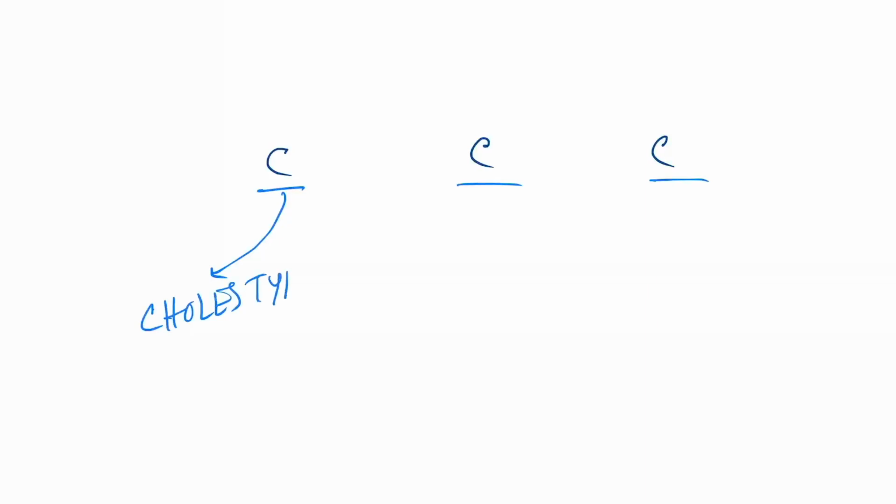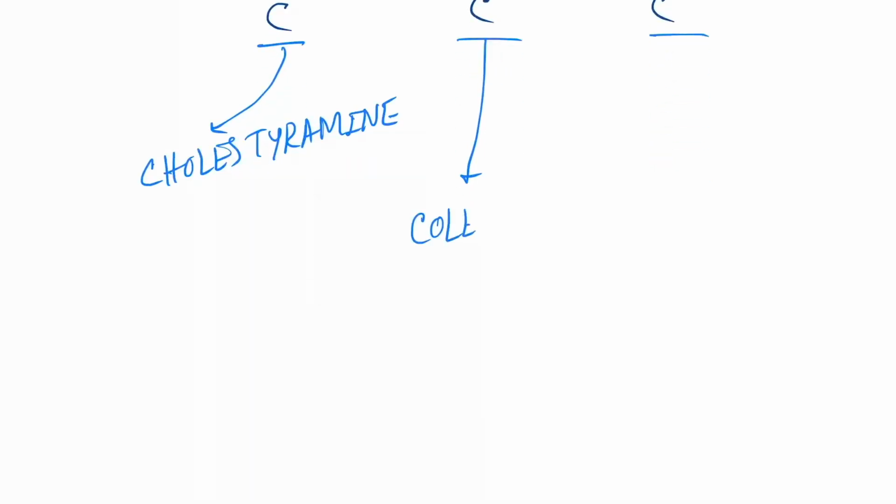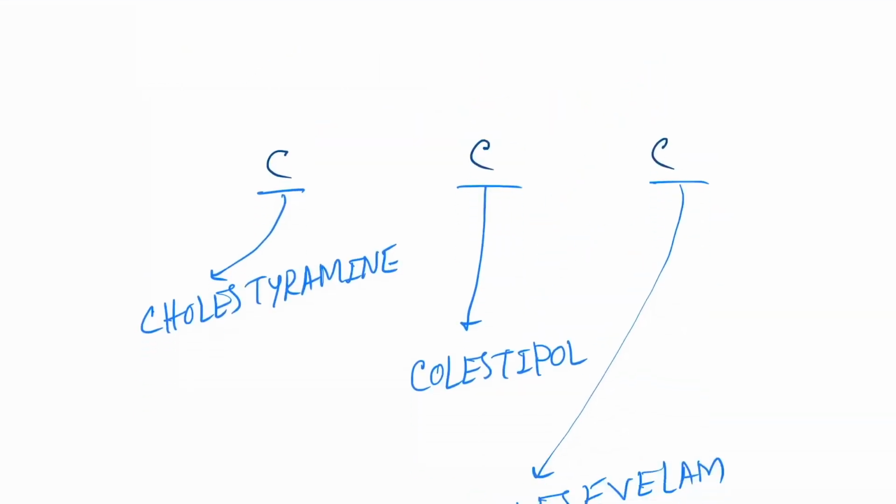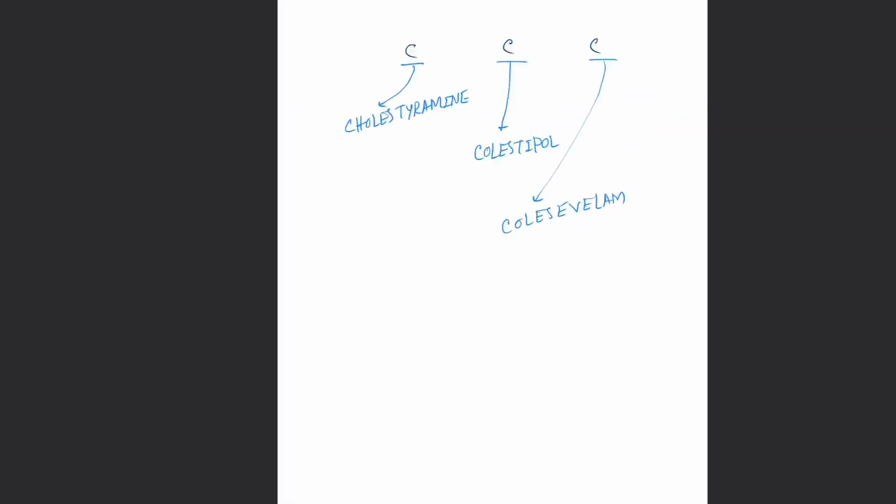Let's say triple C. The first C is for cholestyramine, the next C is for colestipol, and this is for colesevelam. Okay, so this is resins.